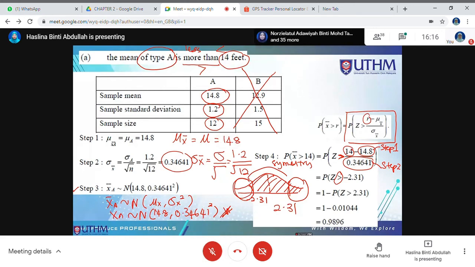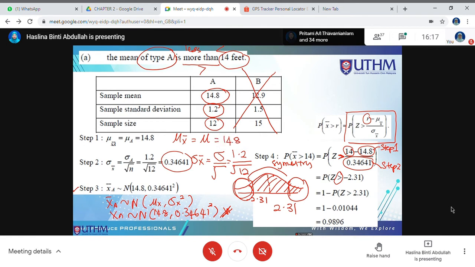The value probability for 2.31 based on table 3. Table 3, normal distribution. Table 2 is referred to Poisson distribution. Table 1 is referred to binomial distribution. Okay. Table 3, please refer to table 3 for value 2.31.